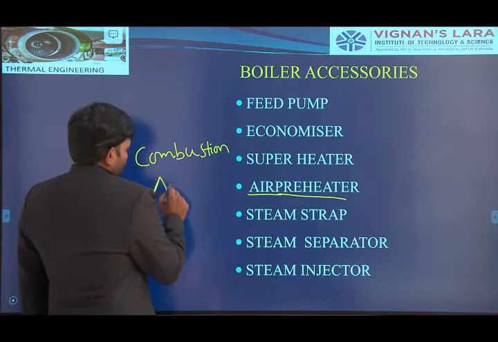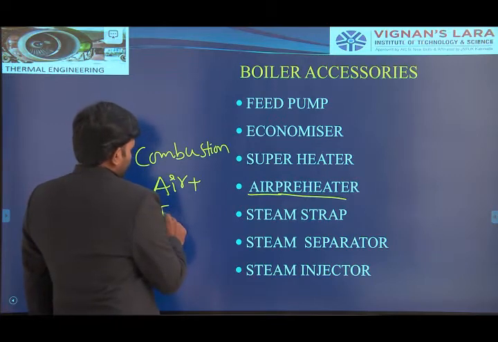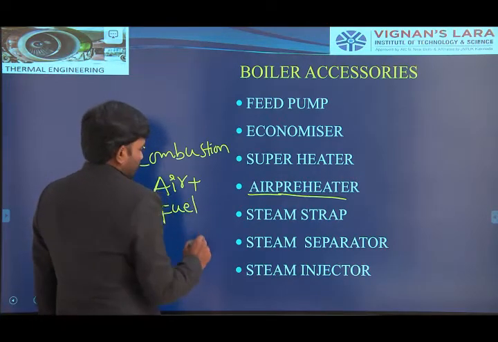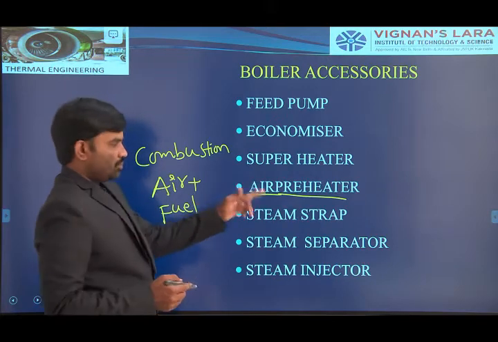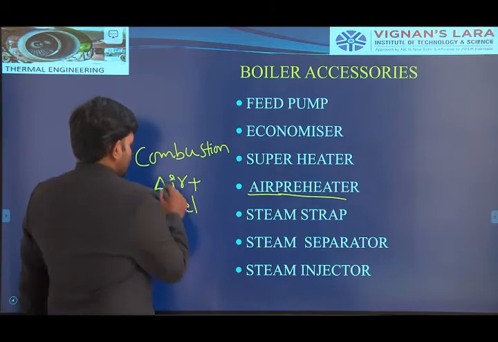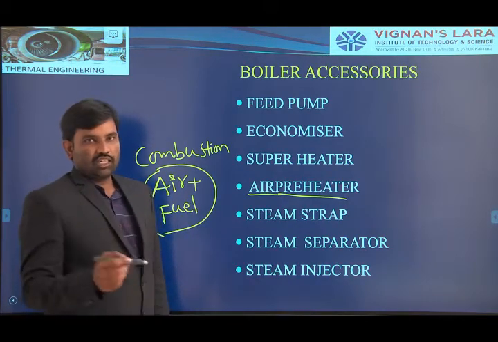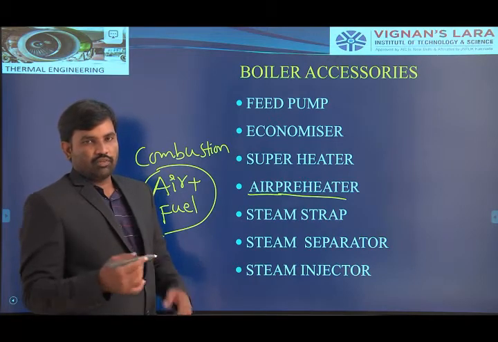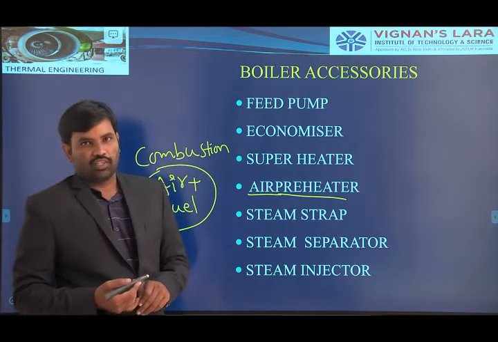We receive air from the outside atmosphere, and we send fuel with the help of different techniques. Inside the combustion chamber we mix the air and fuel, and after mixing, combustion takes place with the help of an external source, and then the combustion products are produced.